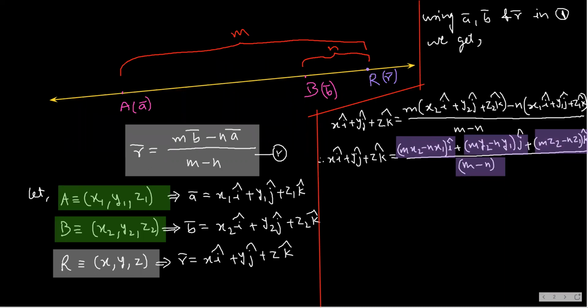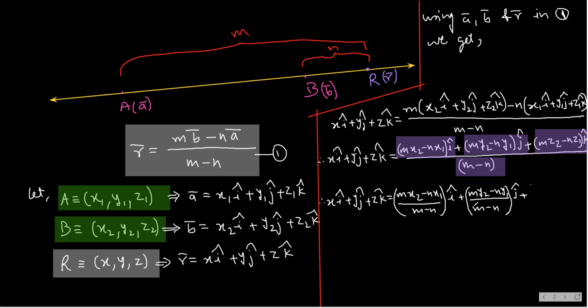So I will get x i cap plus y j cap plus z k cap equals m x2 minus n x1 upon m minus n times i cap, plus, inside the bracket, m y2 minus n y1 upon m minus n j cap, and this will be m z2 minus n z1 upon m minus n times k cap.